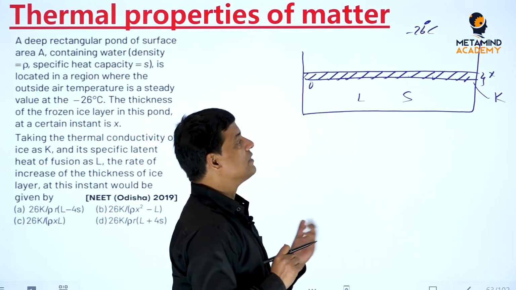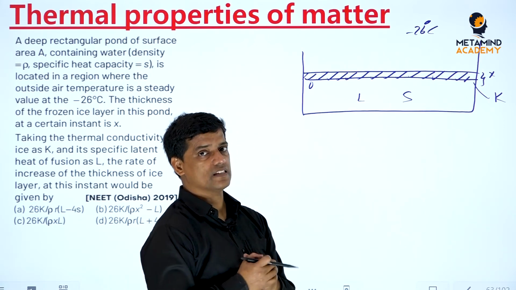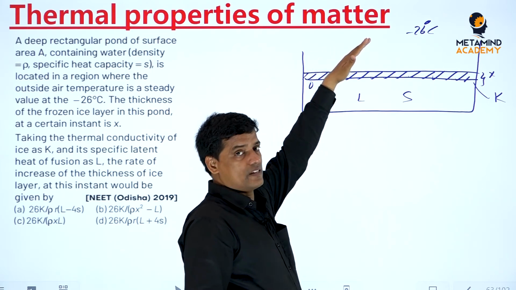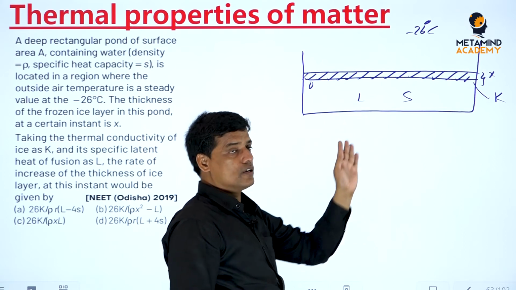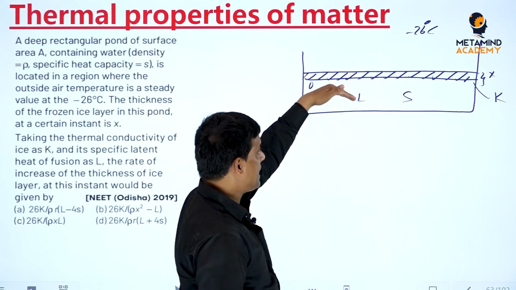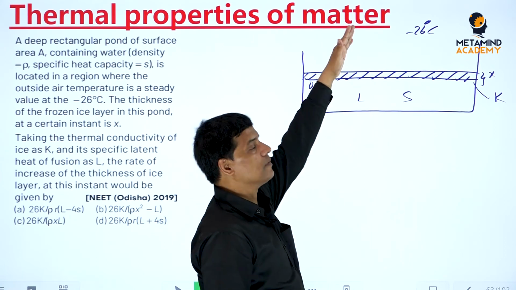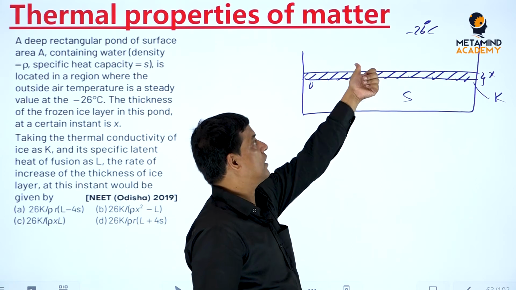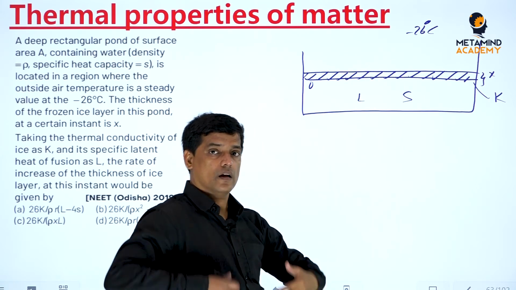Okay. For solving it, here there are two concepts. Because there is a temperature outside, it is minus 26 and here it is 0. So, heat is flowing from here to there. Okay, and as the heat is flowing from here to there, this water will be getting cooler and cooler and accordingly the ice will form. What will be the rate?